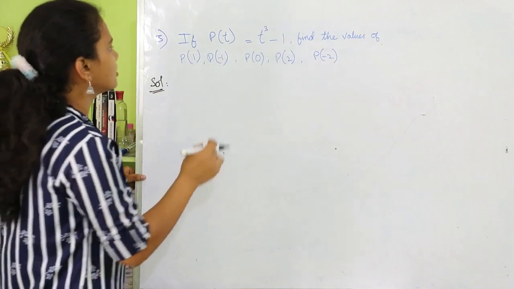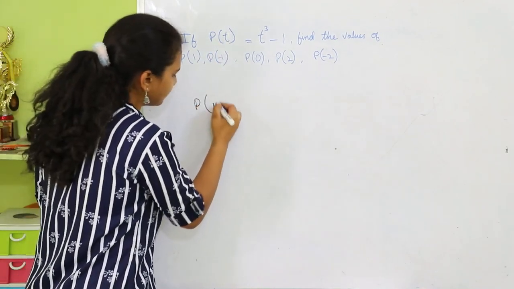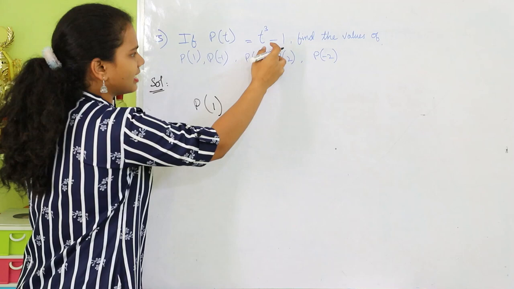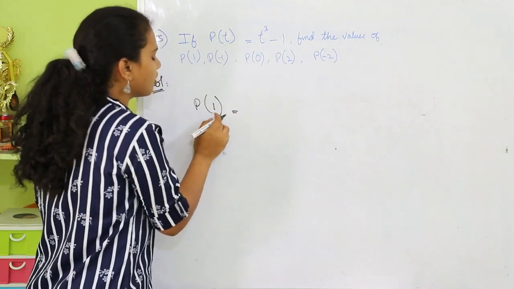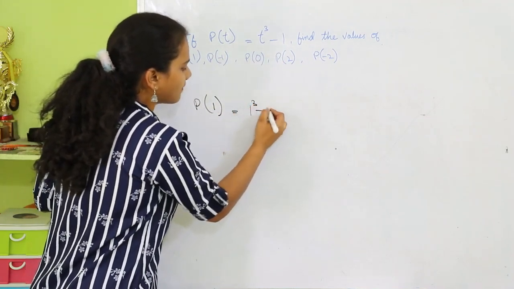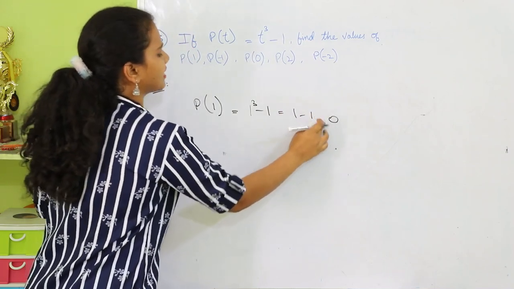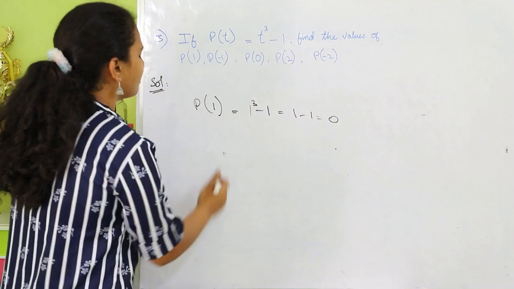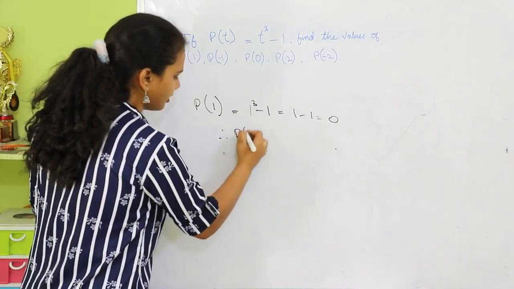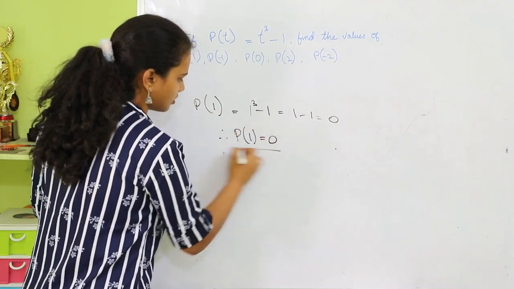P of t equals t cube minus 1, so p of 1 would be 1 cube minus 1. This equals 1 minus 1, which is 0. Therefore p of 1 equals 0. Okay?